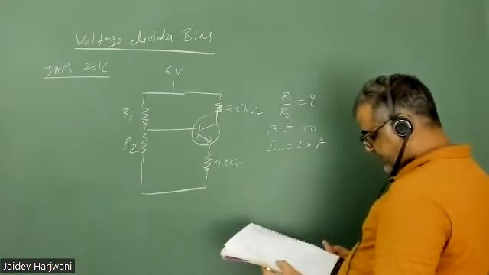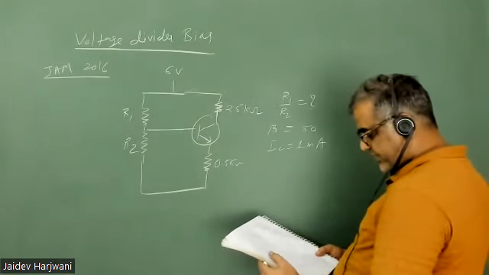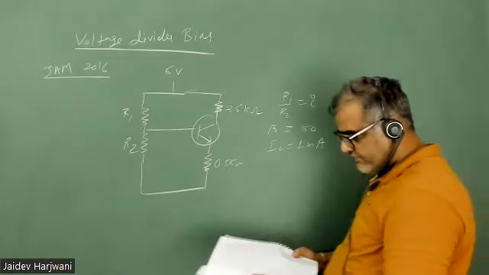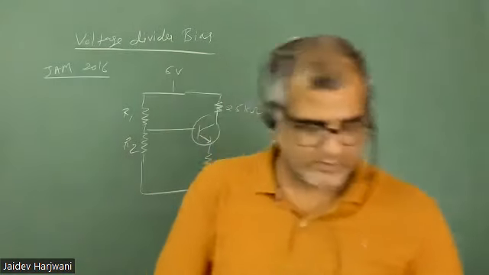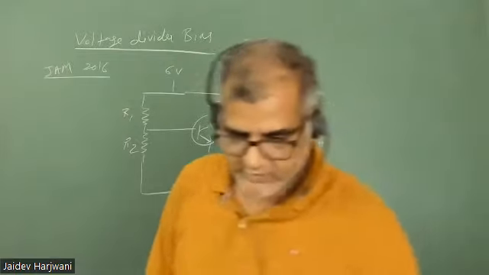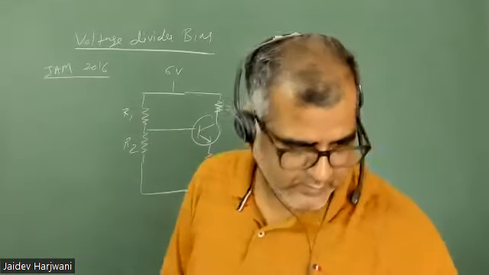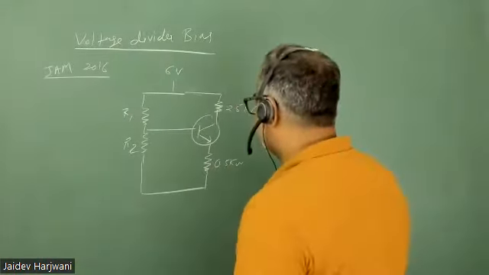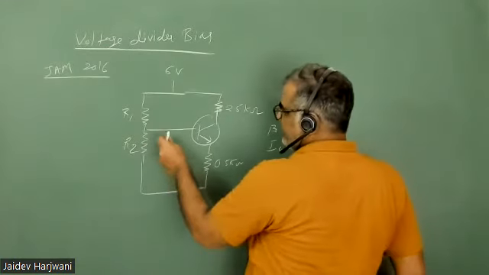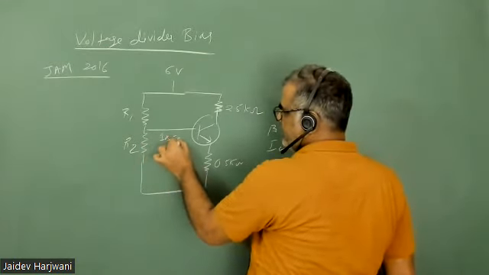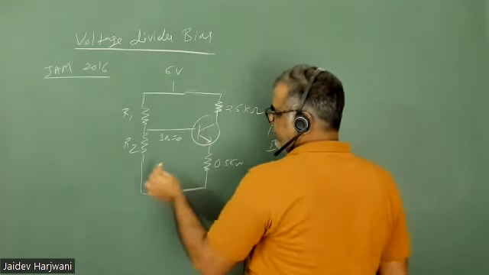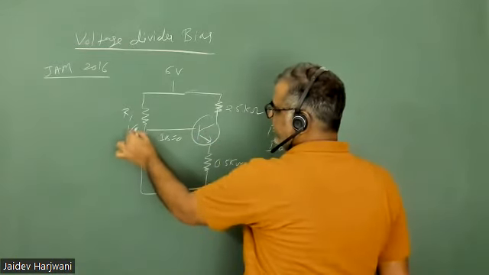So you need to find the ratio R1 by R2. We use the approximation method. First of all, in the approximation method we assume IB is 0, negligible. Then we find the voltage VB.